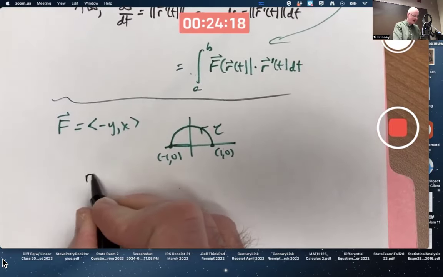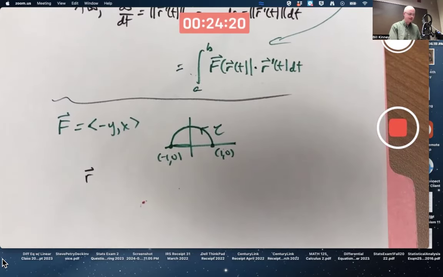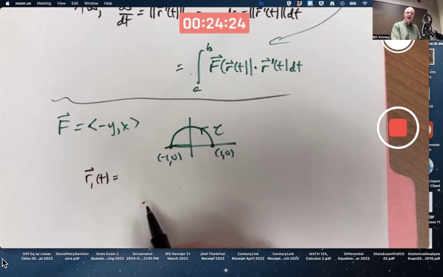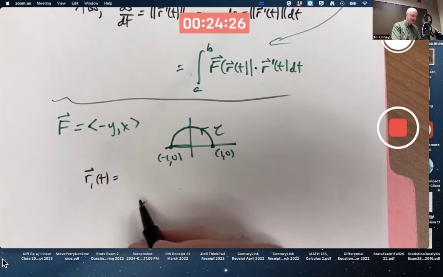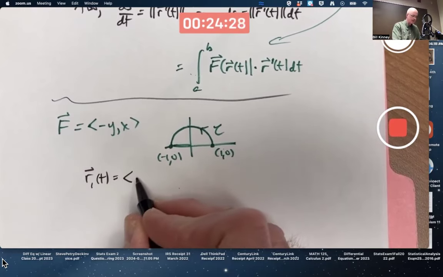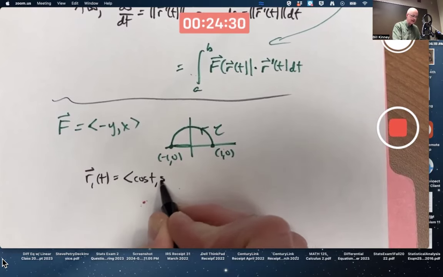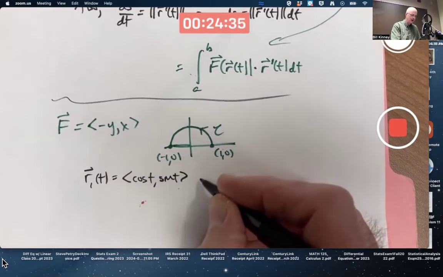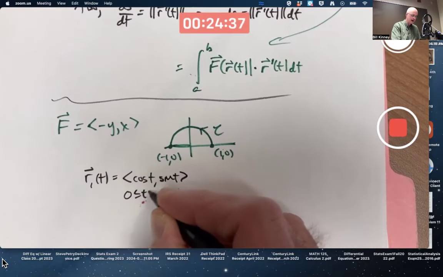We need a parametrization. Let me, in fact, do 2 parametrizations and show you that we get the same thing. I'll use r1 of t to be the simplest parametrization, cos t, sin t, as t varies from 0 to pi.